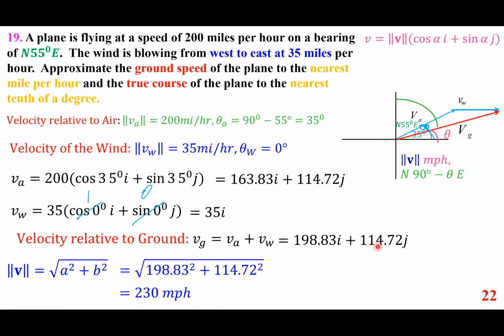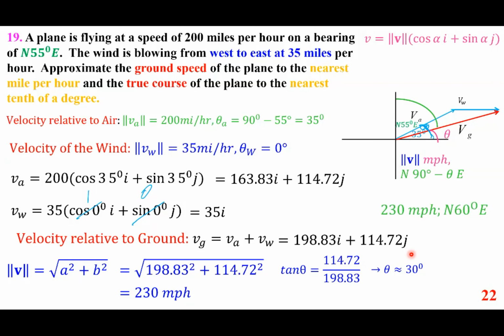And tangent theta is the ratio of this to this, 114.72 over 198.83. So that would be tan of theta, which gives us about 30 degrees. So now we are ready to move on. We have 230 miles per hour, and 90 minus that, we have 60 degrees. So it's north, 60 degrees east.